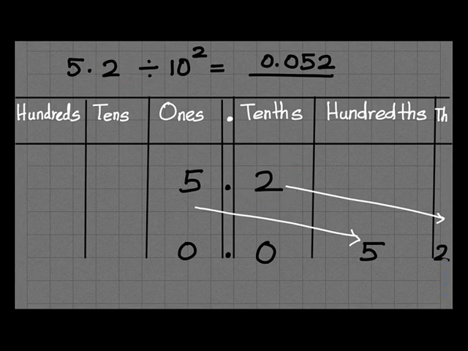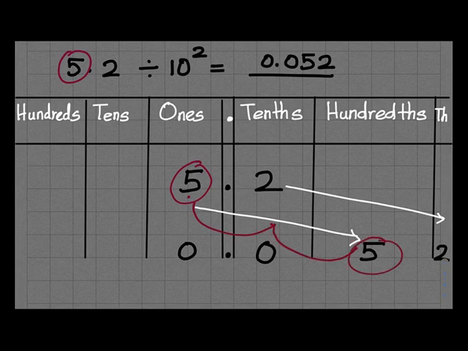Let us divide 5.2 by 100. So this 5 moves 2 places to the right. In division, the digits move to the right. So 5 is moving 1 column to the right and 2 columns to the right.